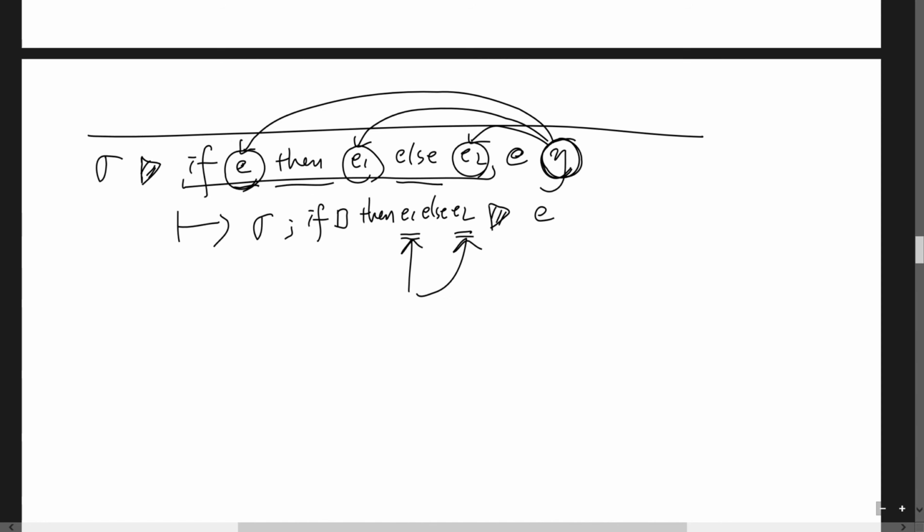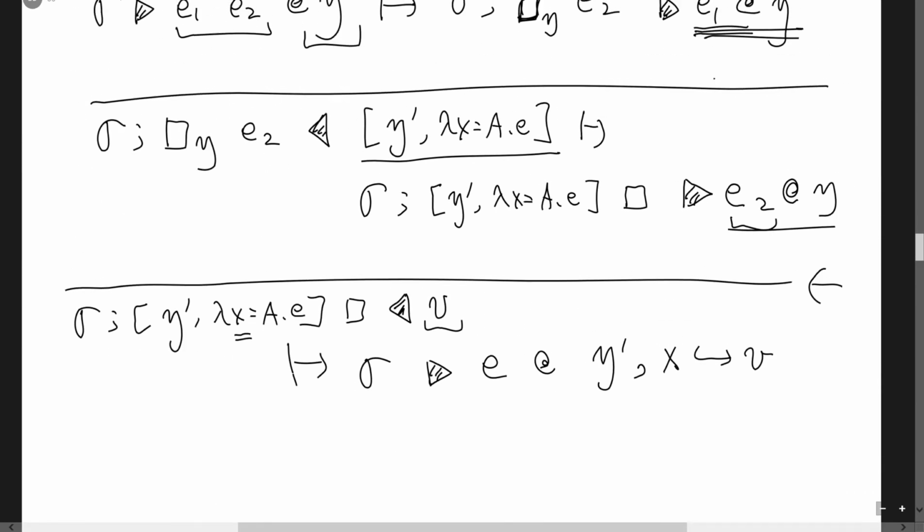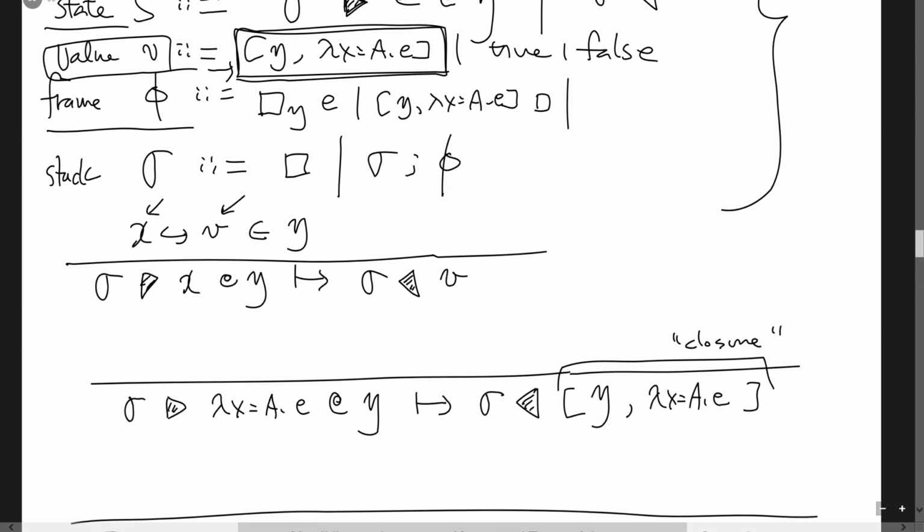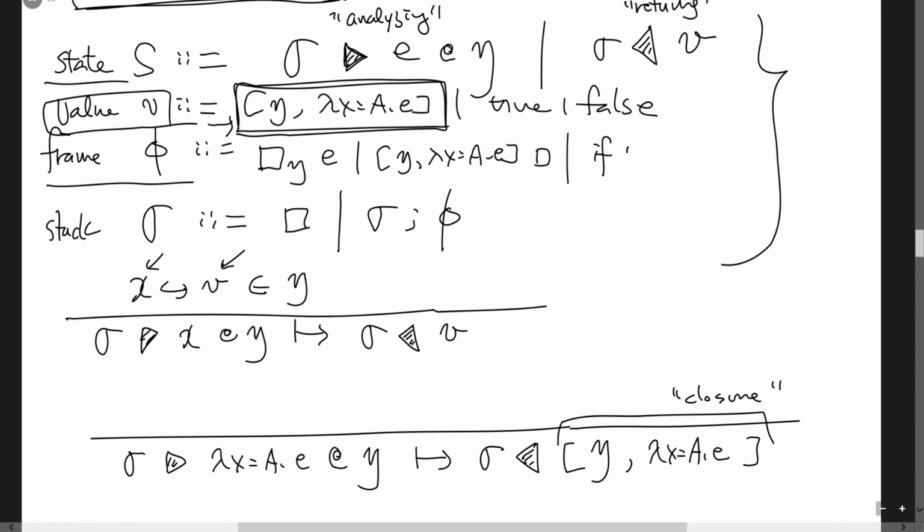And our trick is we annotate this hole with the environment eta for expression E1 and expression E2. So this is the answer. And the environment for this expression E is, of course, this one. So we have discovered the last form of a frame, which is if hole, then E1, else E2, and we annotate this hole with this environment eta.